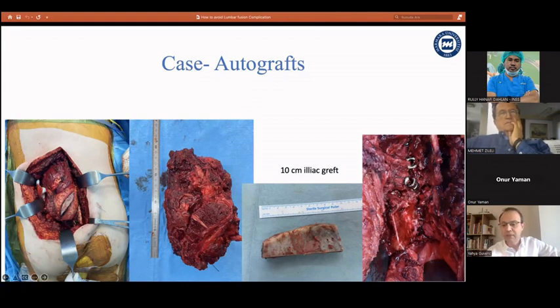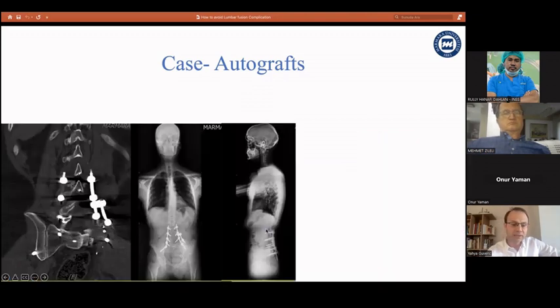And there is a very big, huge area in here. And we use autograft, we take it from the iliac. It is a 10 centimeter iliac graft, and we take it and put it here horizontally. After that, this is the postoperative CT and X-ray.